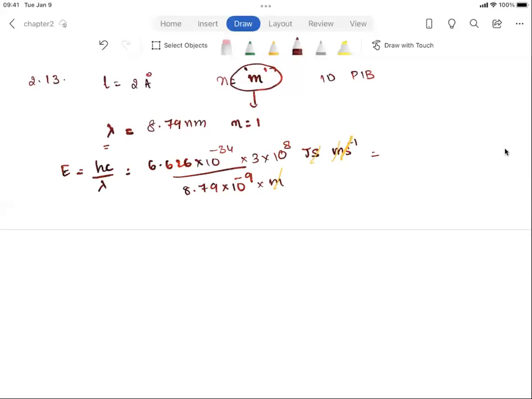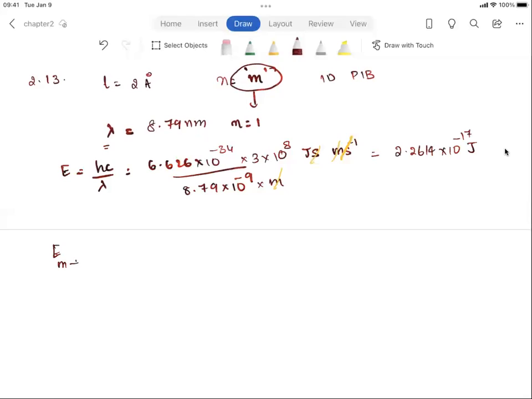If we evaluate this term, it's going to be 2.2694 times 10 to the power negative 17 joule. So this is the energy corresponding to the transition.